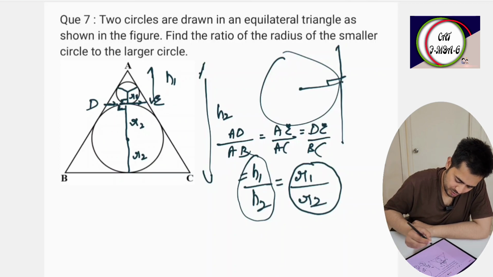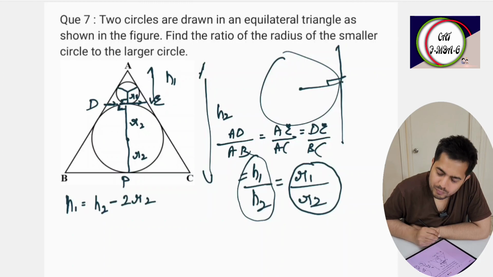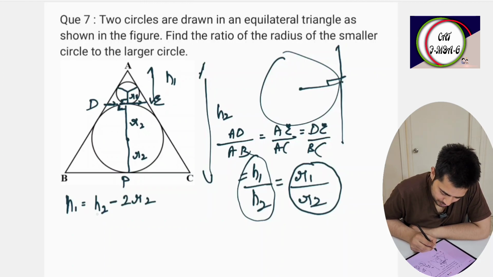So H1 is equal to AP, the altitude. H1 is H2 minus 2R2, and divided by H2.